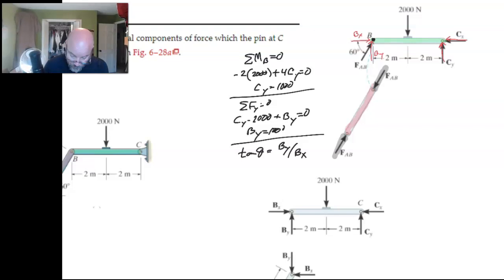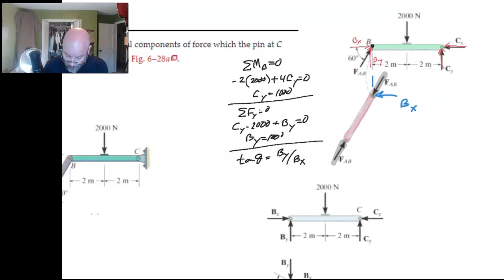So when we get ready to put in, all right, so BX is pushing this way and BY is pushing this way here. Okay. So what we know then is that BY and BX are the vertical and horizontal components of FAB.